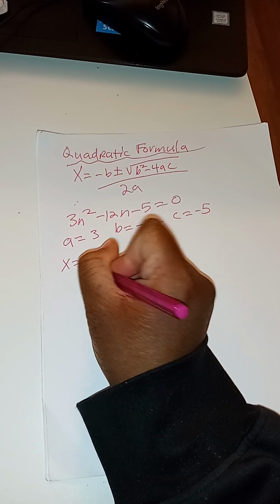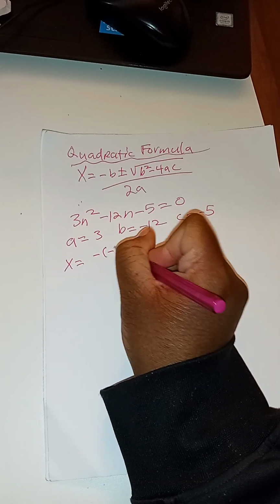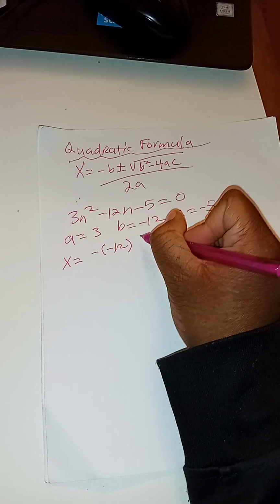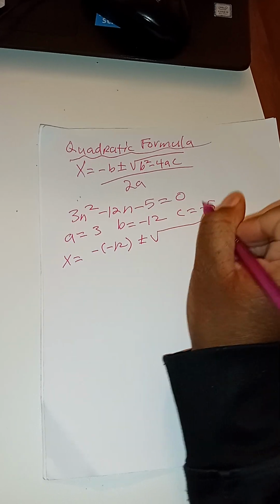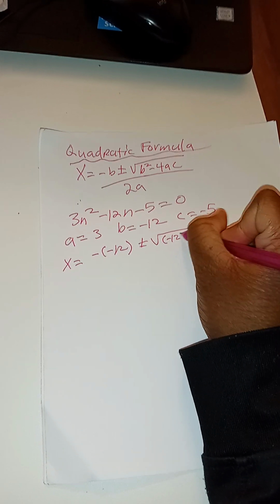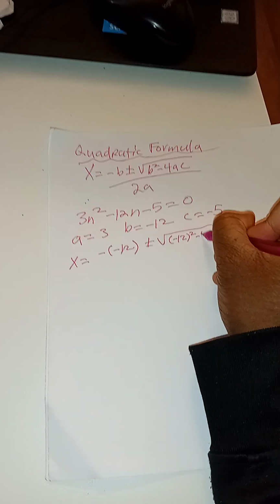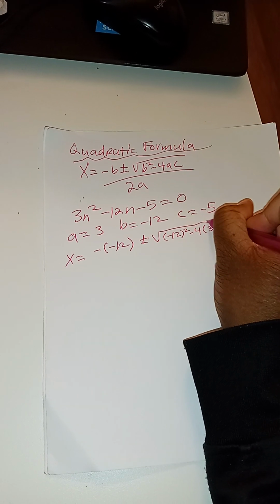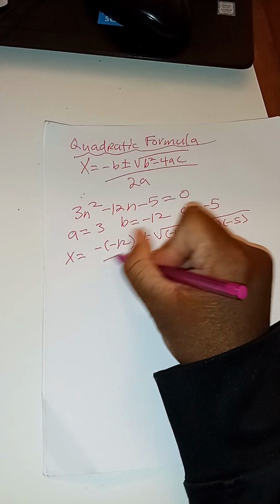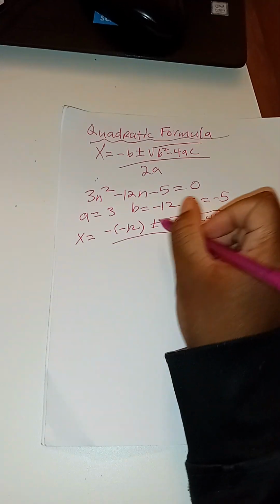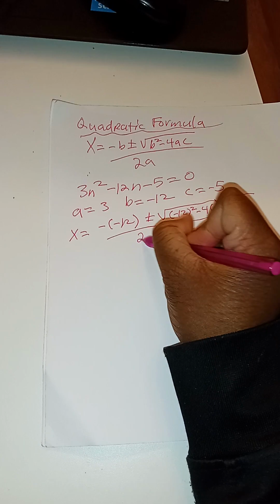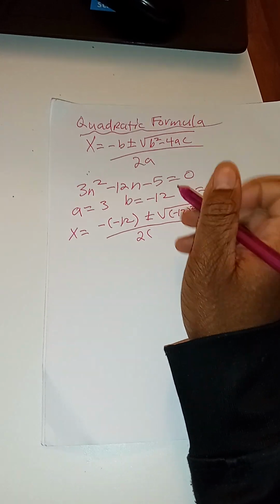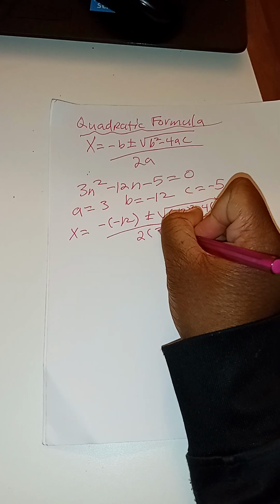So x is equal to negative of a negative 12 plus or minus the square root of negative 12 squared minus 4 times 3 times negative 5, all divided by 2 times a, and a is 3.